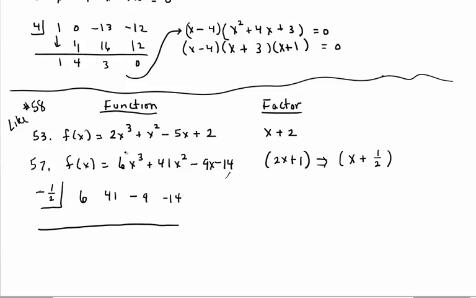All right, part A, verify, which means we need a remainder of 0. Okay. 38. Half of 38 is 19, but we got to make it negative.